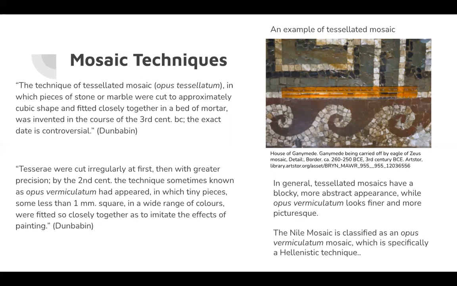Whereas the Nile mosaic specifically is classified as an opus vermiculatum mosaic. How I like to remember that is V as in very small, because the pieces are a lot smaller and closely packed together in order to create a more picturesque appearance.